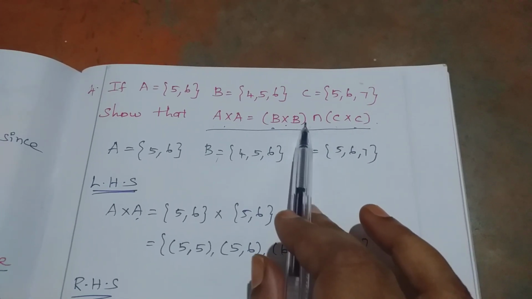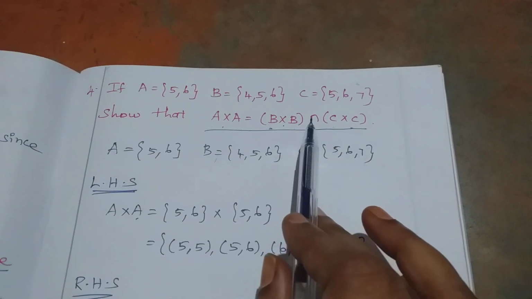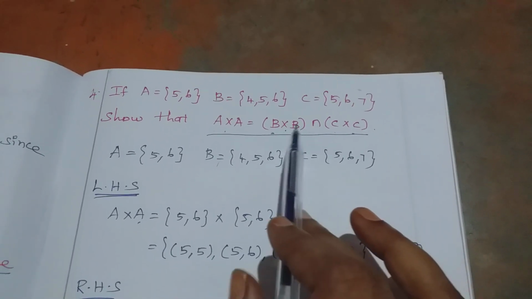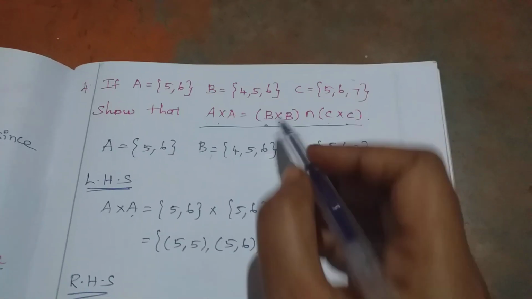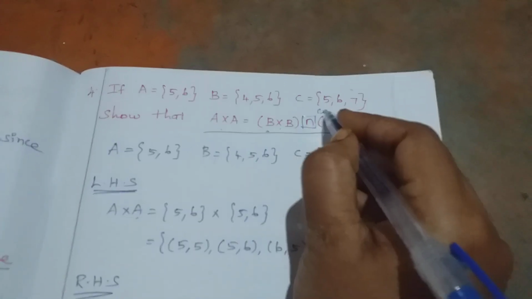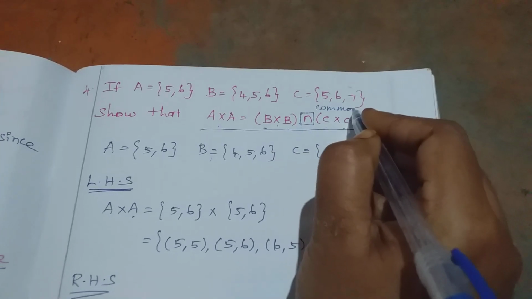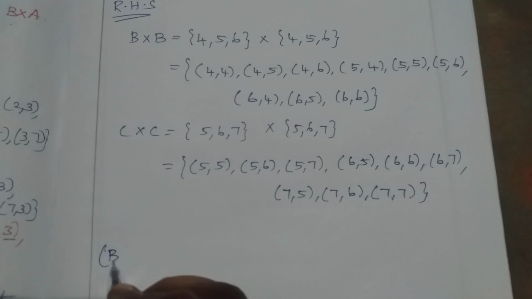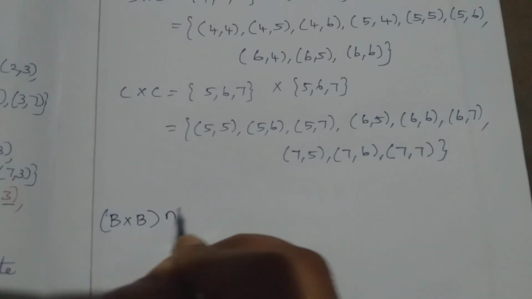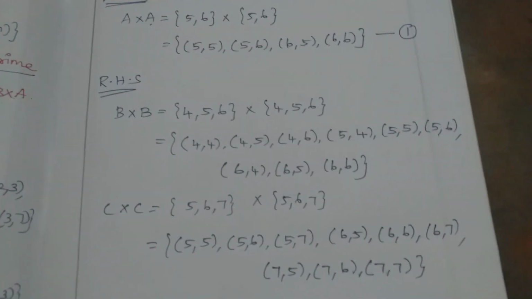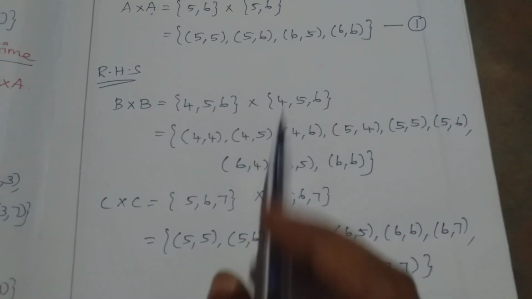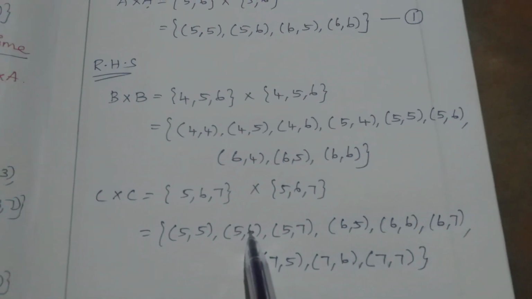What is intersection? You have to write the common ordered pairs in B cross B and C cross C. Intersection means you have to write what is common in both the sets. So what are the ordered pairs common in B cross B and C cross C?